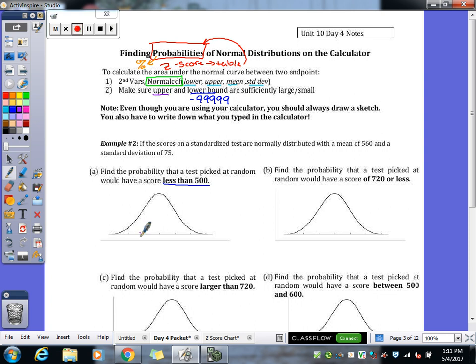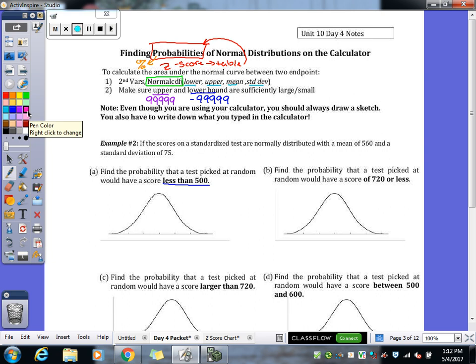So like C here, when you're looking for a value larger than 720. You could have any number up there, but there's really no end to that. There's no end to picking a number there other than infinity, but we can't use infinity. So positive 99,999 works suitably as your positive infinity. So 5 nines, whether it's your upper bound or lower bound, 5 nines.